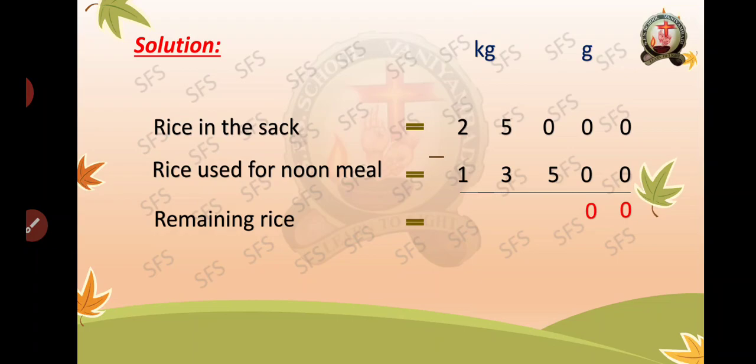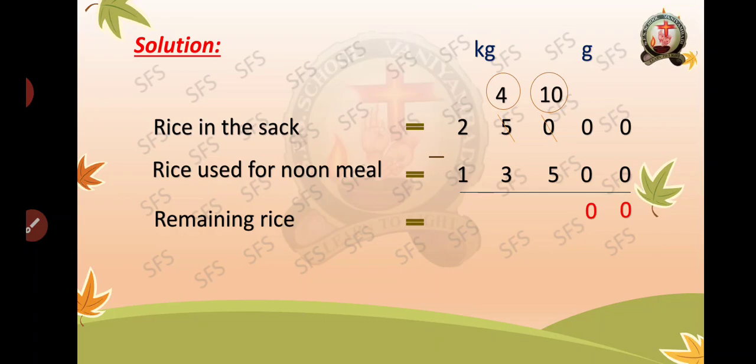So what we have to do? Yes, good. We have to borrow the number from the neighbor number. So what is the neighbor number of 0? It is 5. So this 5 will become 4 and this 0 will become 10.